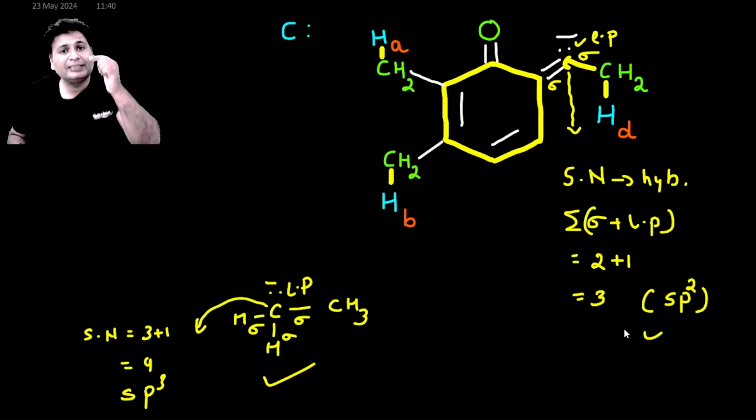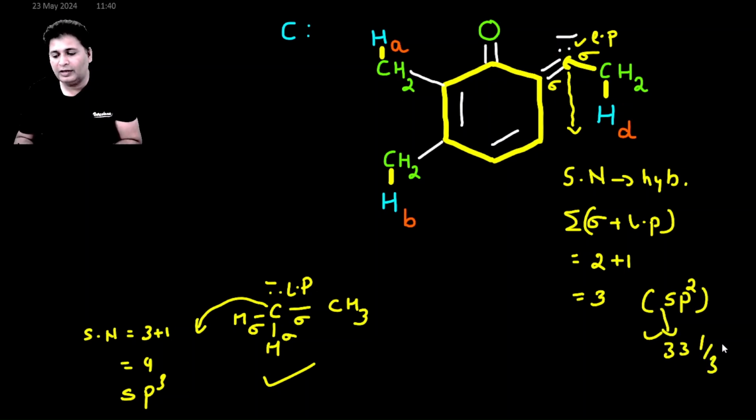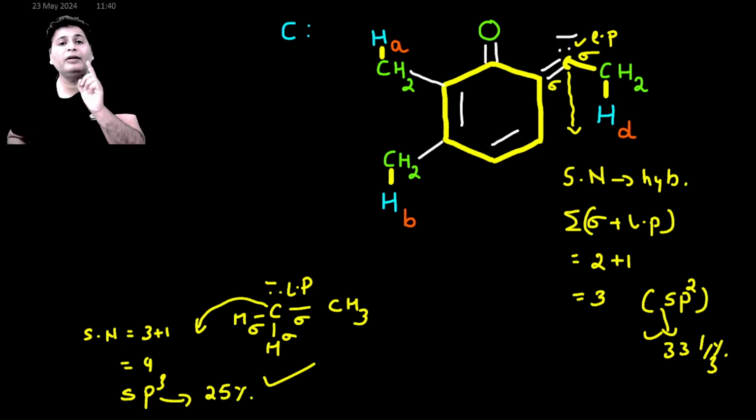The s character in an sp2 hybridized carbon is 33 1/3%. And here the s character is 25%. You understand the electronegativity of any atom also depends on the hybridization.